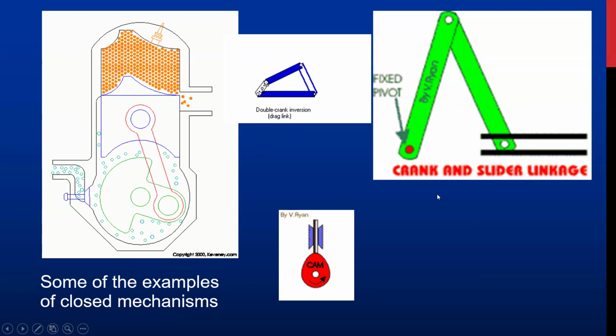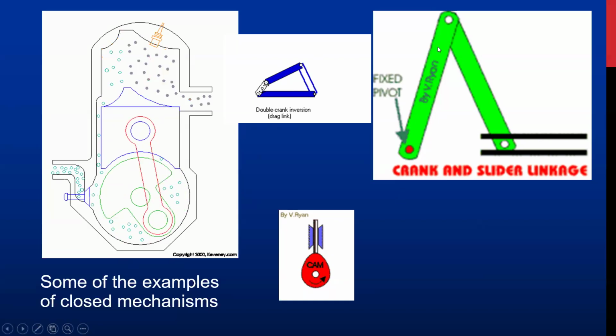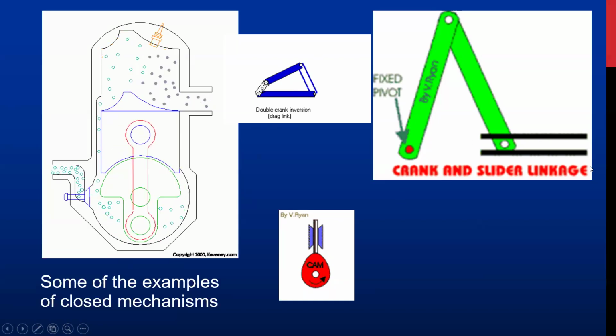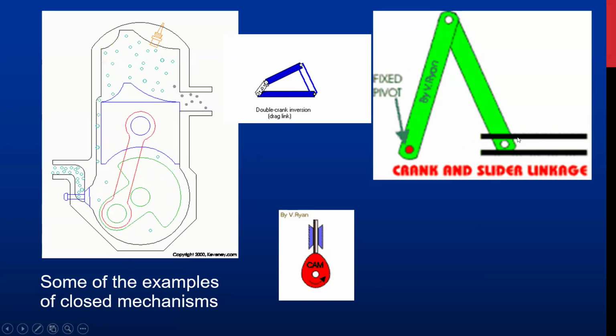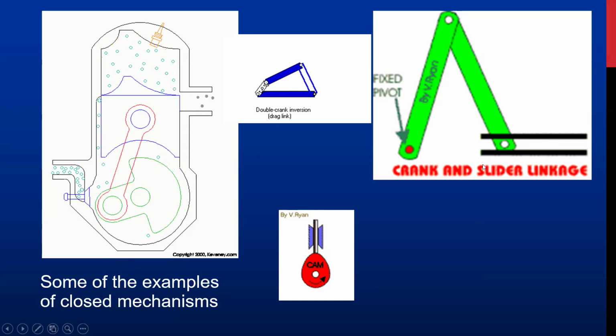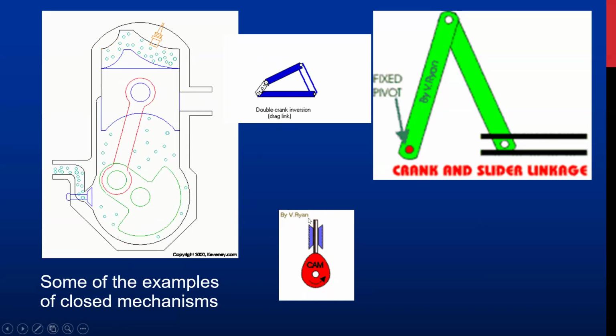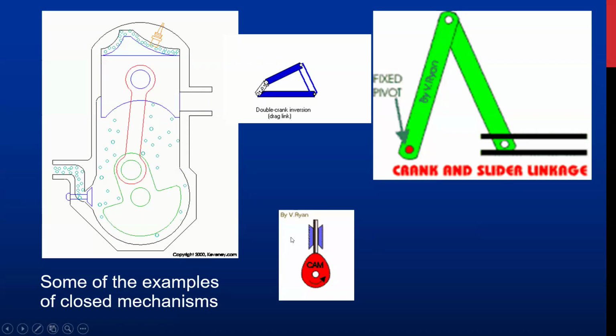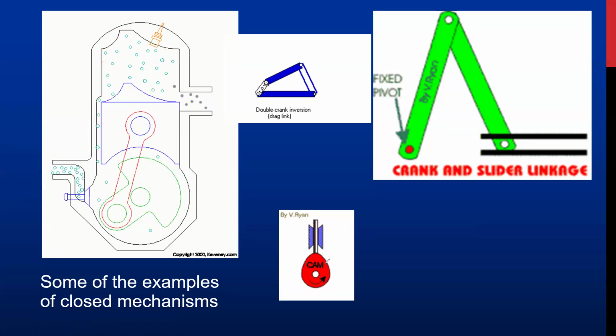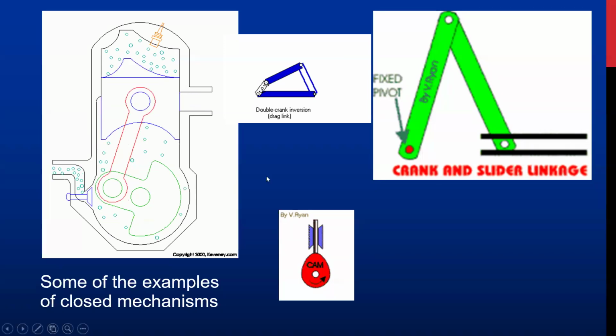When we were opening up the lecture, we saw how this mechanism runs. It's a crank and slider. As this is cranked, the slider moves in and out. We also saw the cam and follower. As this cam is rotating, the follower also moves in an upward direction. Those are some of the examples of the closed system, and let's continue to study more.